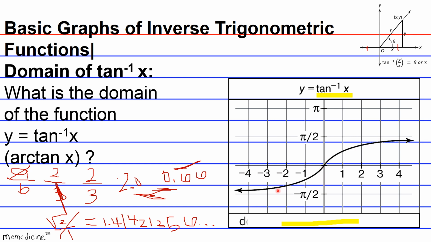So the domain is going to be all real numbers. And just in case you don't know what a real number is, real numbers include integers, such as the counting numbers along the number line, like 0. You could have something over here, negative 2, so integers can be negative and positive, okay?